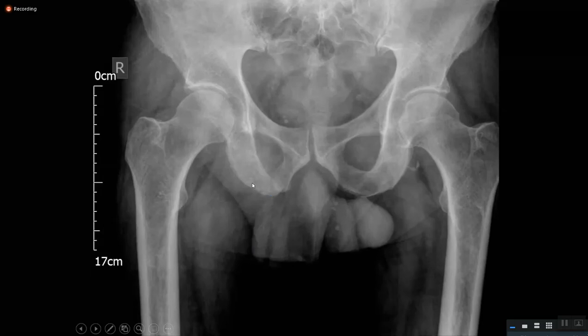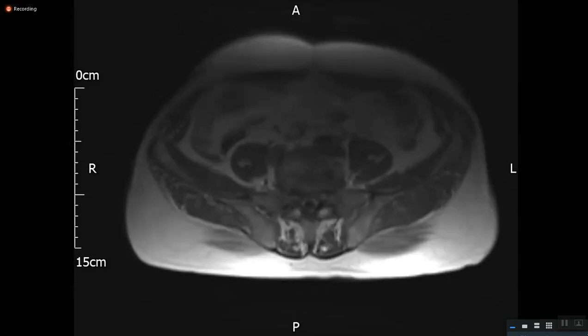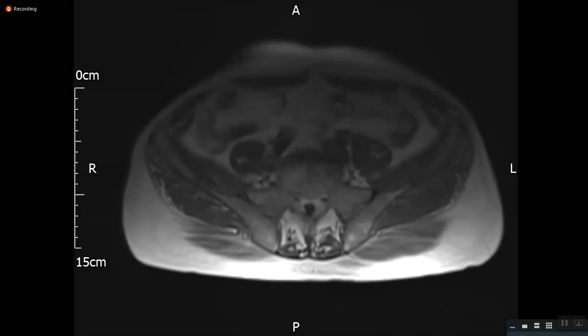What will you do next? I would need to evaluate, preferably with MR, if resources would allow. So over to you, please. So T1 axials of the pelvis.